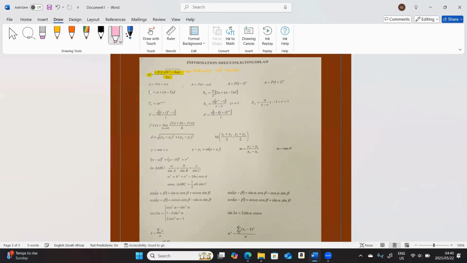Now we are going to highlight question 2's formulas, which are the formulas for number patterns and series. So this is obviously term n equals a plus n minus 1 d, and that is the formula for the general term of an arithmetic sequence. And then term n equals a r to the power of n minus 1.